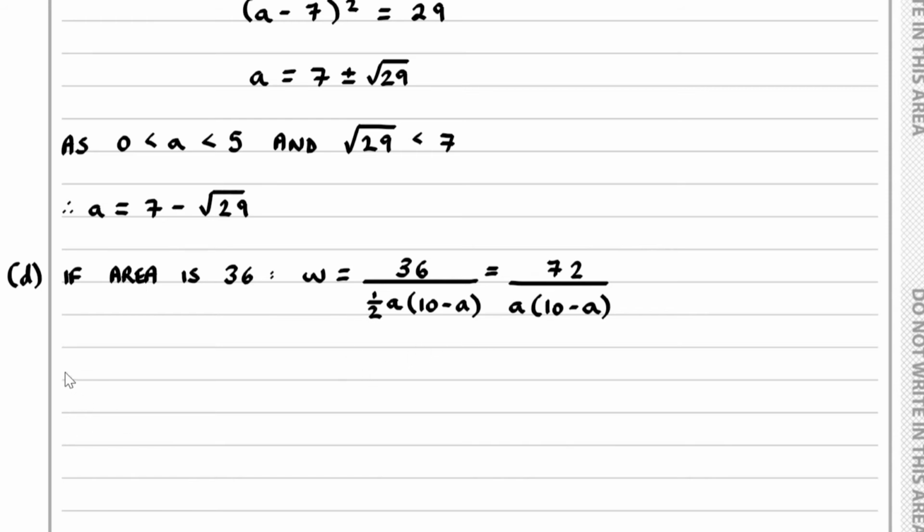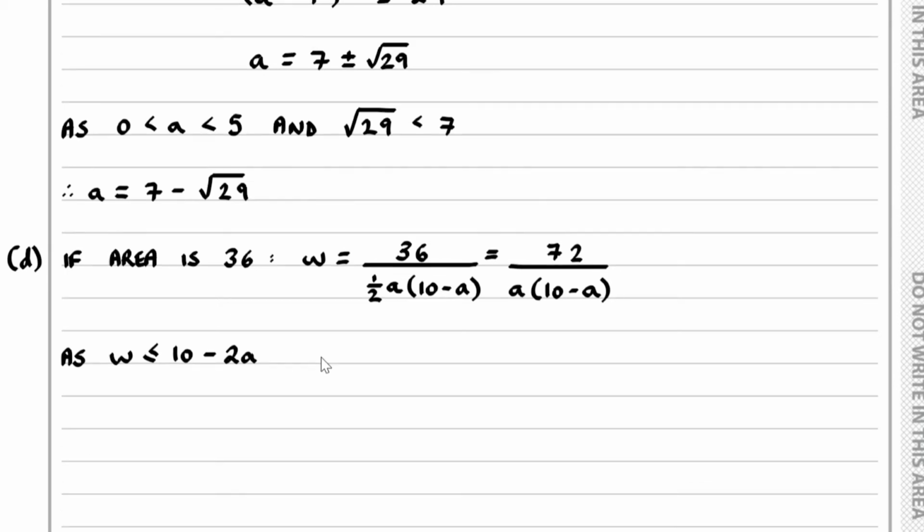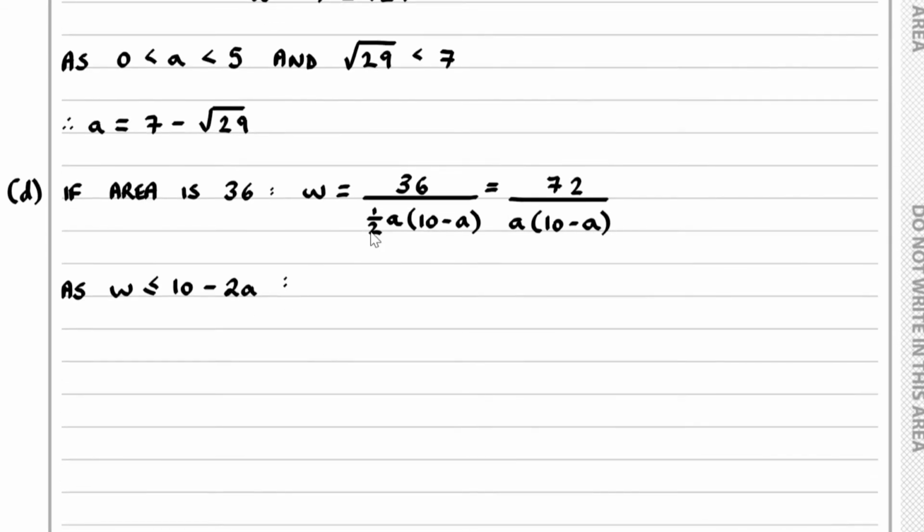Now, we know that W is less than or equal to 10 subtract 2a. And if that's the case, then we can say that 72 divided by a multiplied by 10 minus a, that's what W is, this will be less than or equal to 10 subtract 2a.